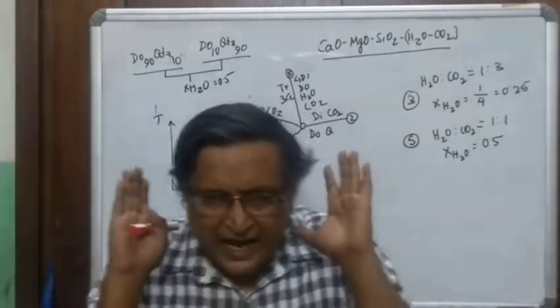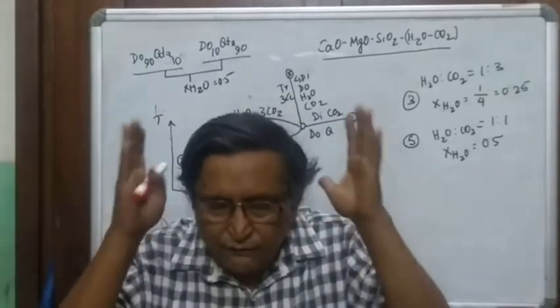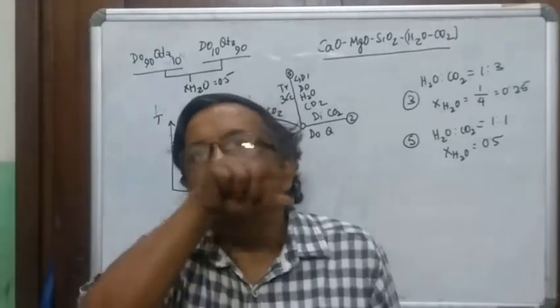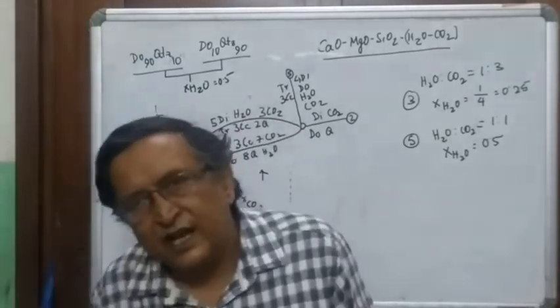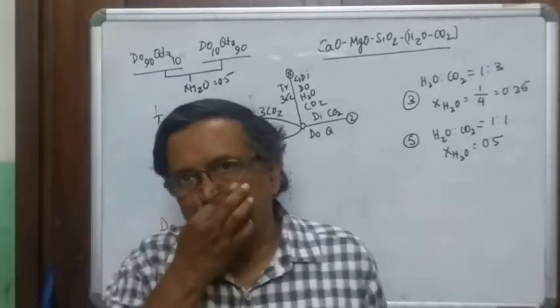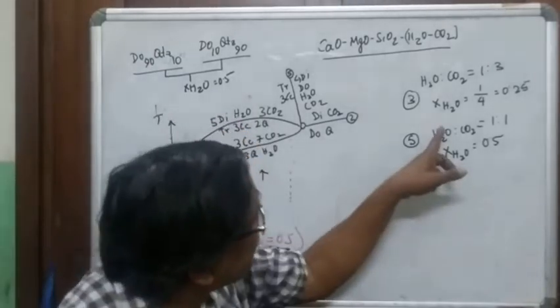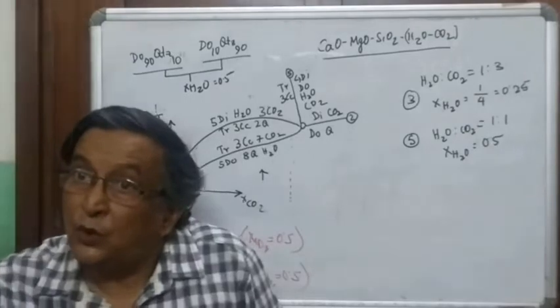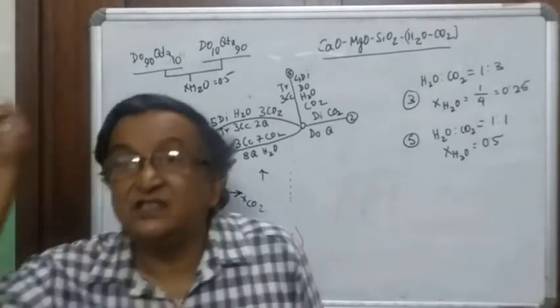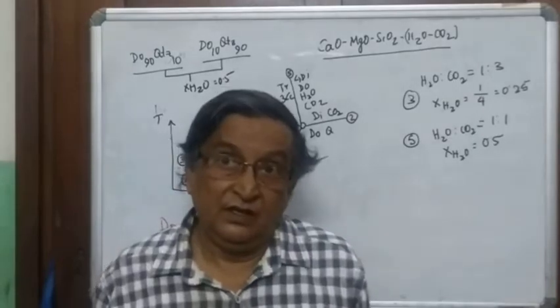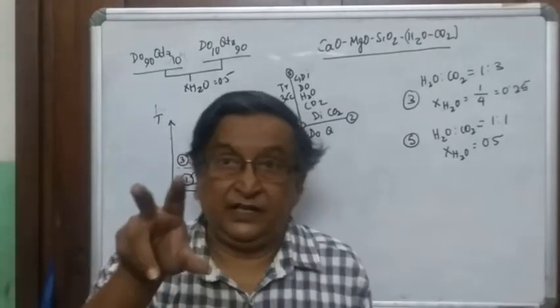Again I repeat, we are talking of two different things. One is the bulk rock composition: CaO to MgO to SiO2. And the other thing that we are talking about, fluid composition, is in terms of XH2O or XCO2. These are completely different things.